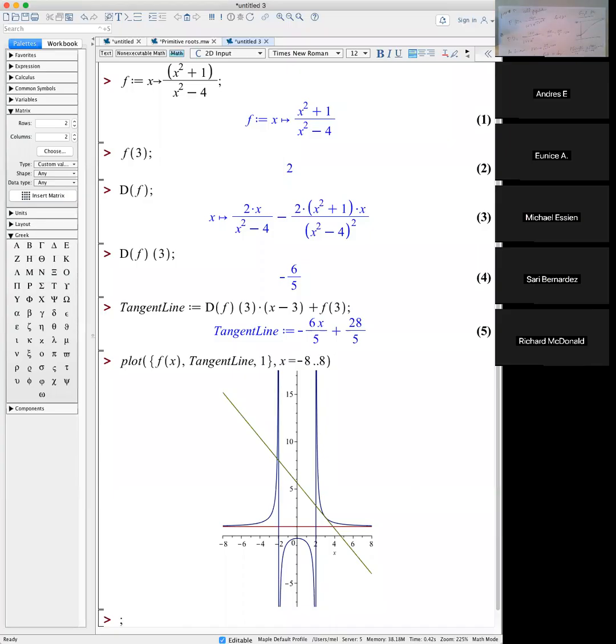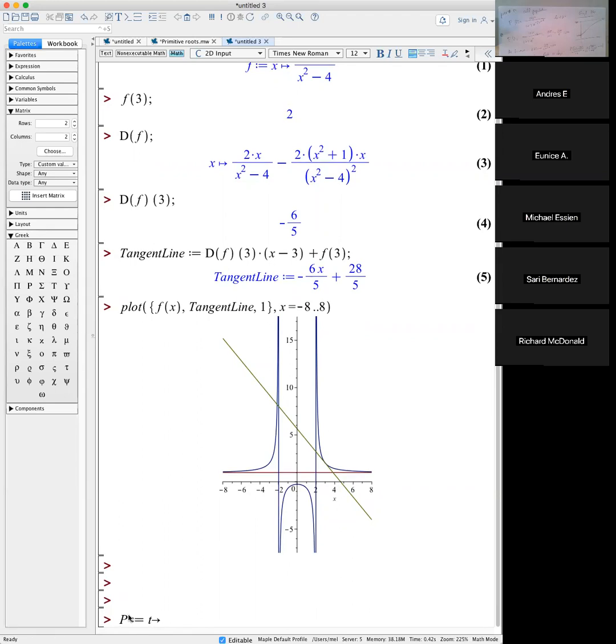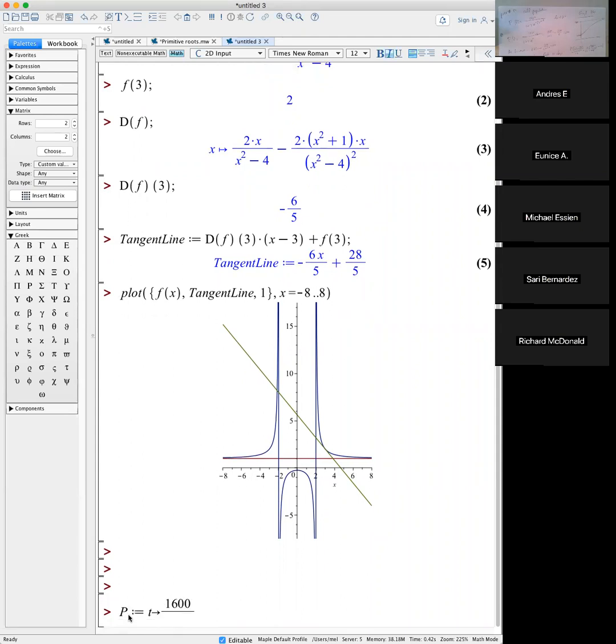So I hope you're seeing the screen right now. What I wanted to calculate was, so I have a function P. P is the function t goes to 1,600 divided by 1 plus 7 times exp, which is how you do the exponential function in Maple, exp of minus 0.02 times t.